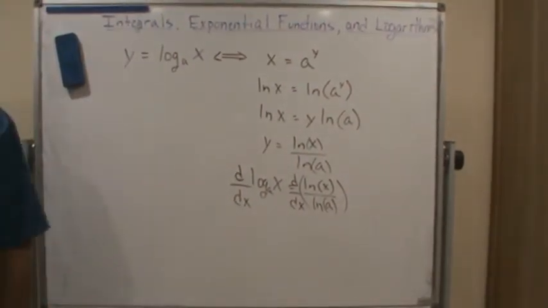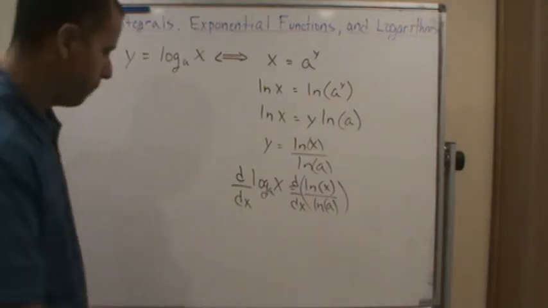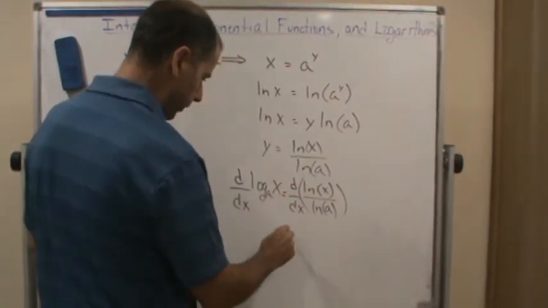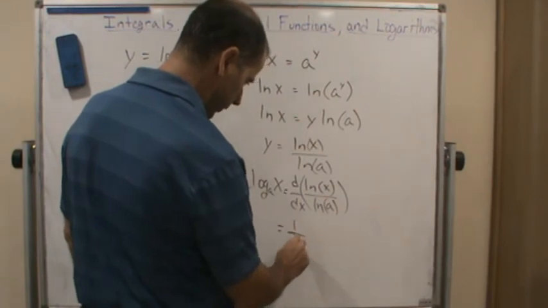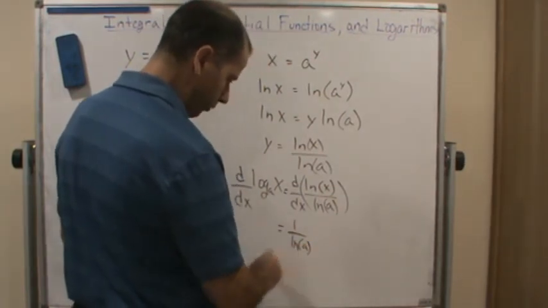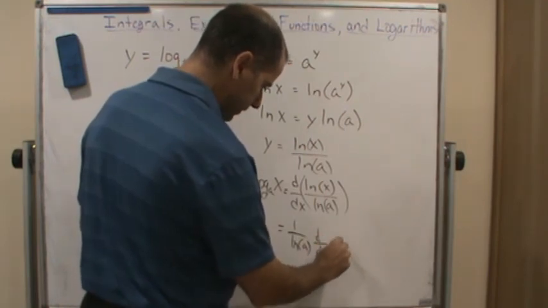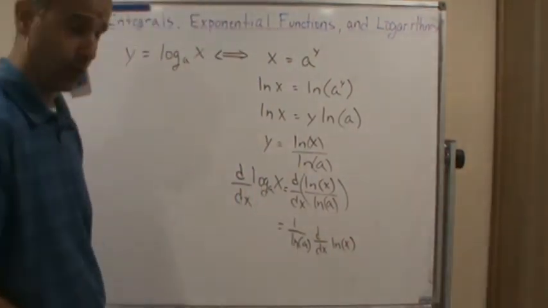And the bottom number is just a constant, so I can pull that out. So this is equal to 1 over the natural log of a, and then I get the derivative with respect to x of the natural log of x, which we know is just 1 over x.